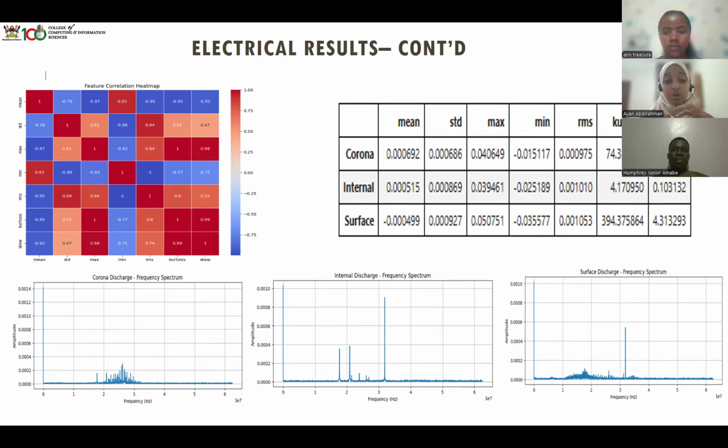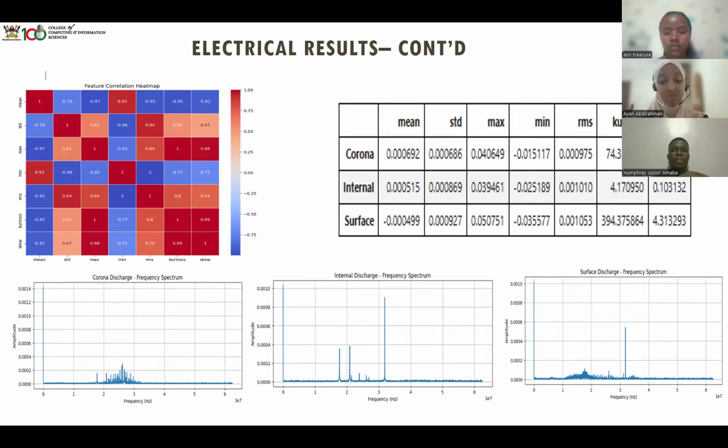When you look at the surface discharge, the kurtosis is extremely high, whereby it's 347, which confirms that the signal contains very sharp and very rare sparks, due to its skew. Skew tells us how rare the sparks are. Then when you look at the corona discharge, the kurtosis is moderate.